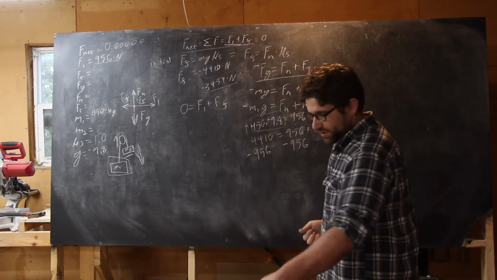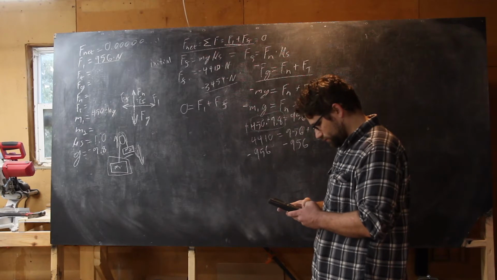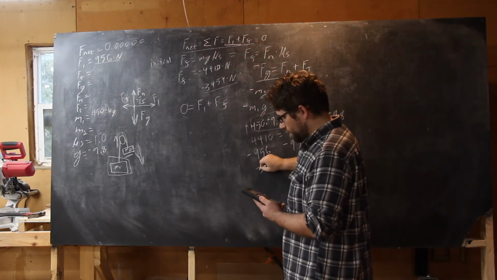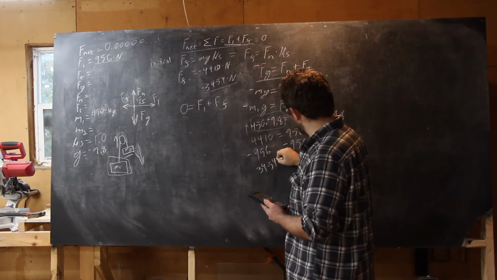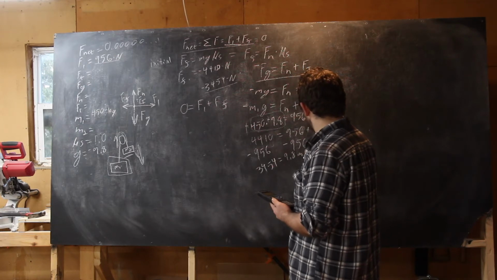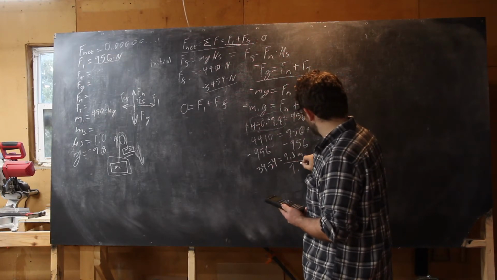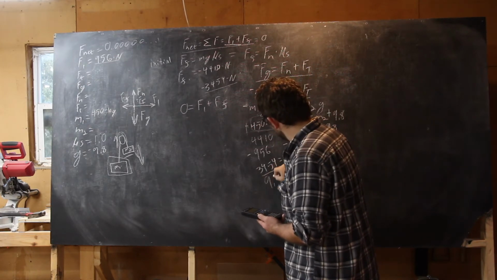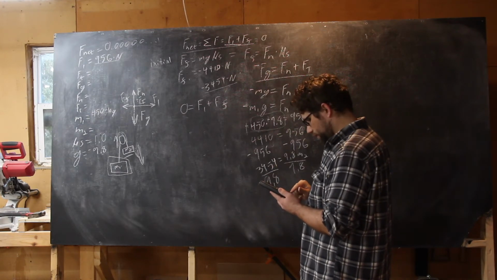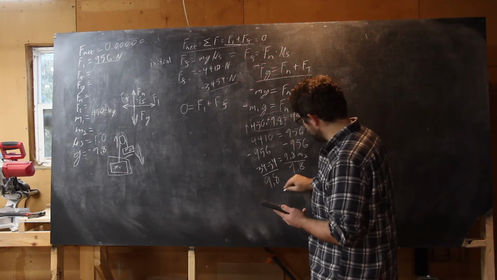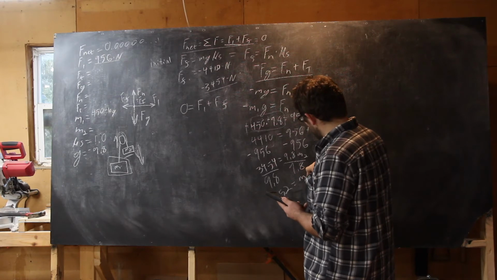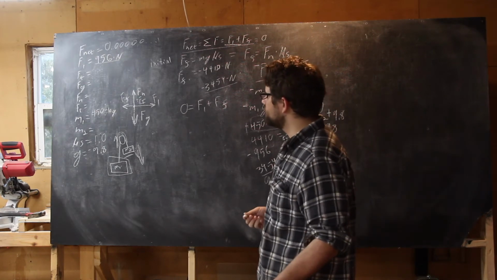Okay, 4410 minus 956. It's going to give me a result of 3454 equals 9.8 m2. So then divide both sides by that 9.8. 3454 divided by 9.8. It's going to give me 352 equals m2. Now does that make sense?